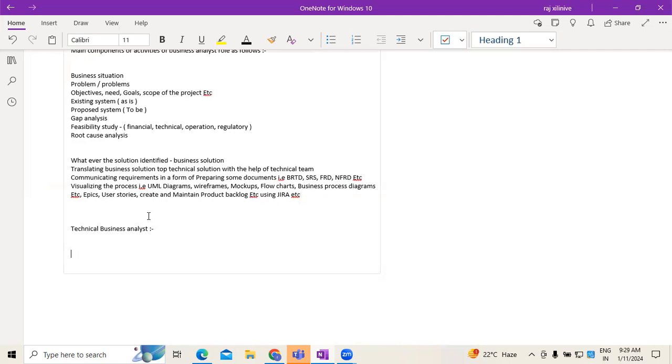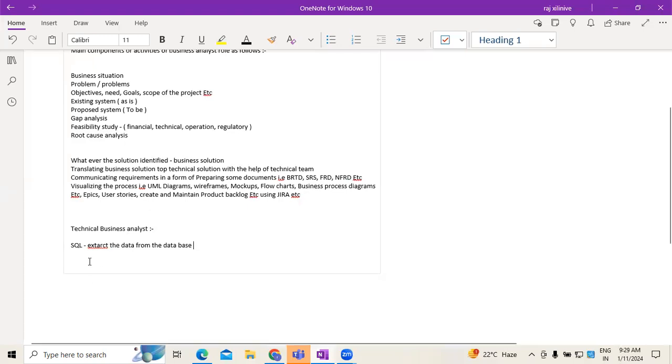Now, if we want to become a technical business analyst, or if you want to acquire some technical knowledge from the context of business analysis, there are some technologies which we have to learn. The first one is called SQL, because SQL is nothing but Structured Query Language, which is used to extract the data from the database.